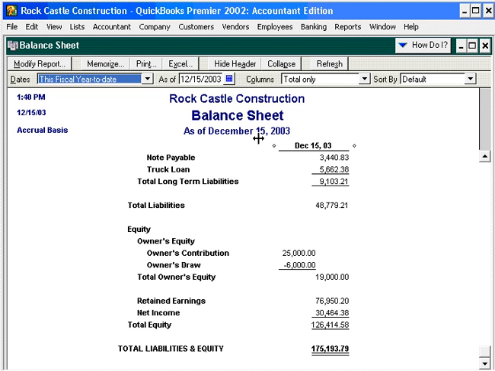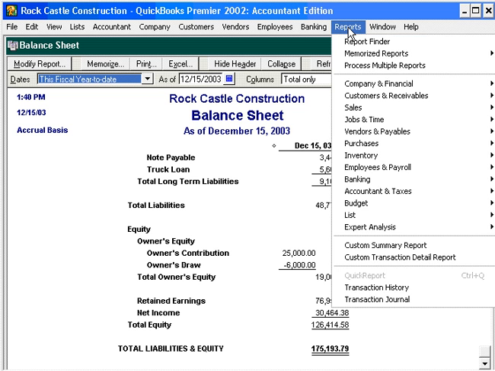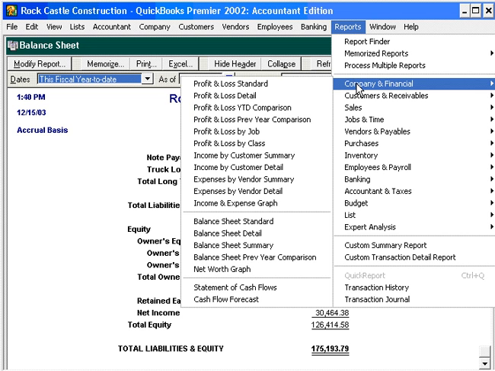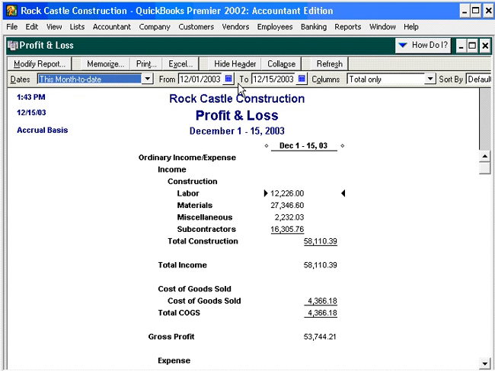Now let's look at an income statement. Let's come here to Company and Financial, and let's look at a standard profit and loss. Here, the top section of the income statement is all of our income. We have total income December 1st to December 15th of $58,110.